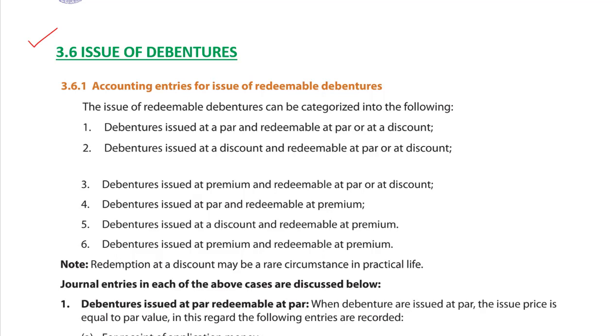The issue of redeemable debentures can be categorized into the following: debentures issued at par and redeemable at par or at a discount; debentures issued at discount and redeemable at par or at a discount; debentures issued at premium, redeemable at par or at a discount; debentures issued at par, redeemable at premium; debentures issued at a discount, redeemable at premium; debentures issued at premium, redeemable at premium.